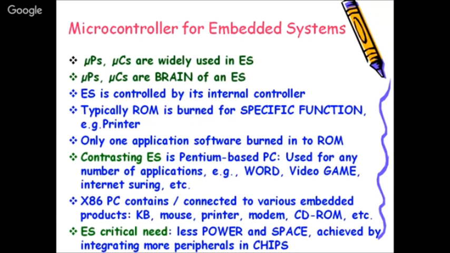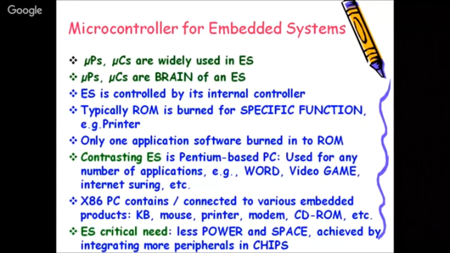It executes the program and works like a brain to the embedded system. This embedded system is controlled by its internal controller, and this controller can be anything like PIC. Today we'll be seeing PIC, and we'll see how it works like a brain to any particular embedded system, as an internal controller to it.